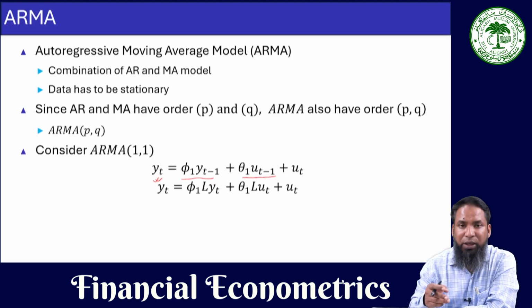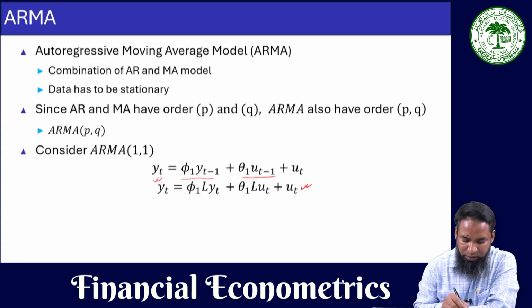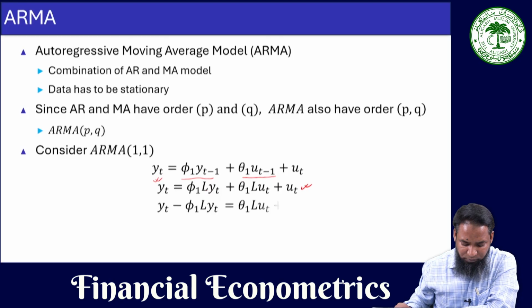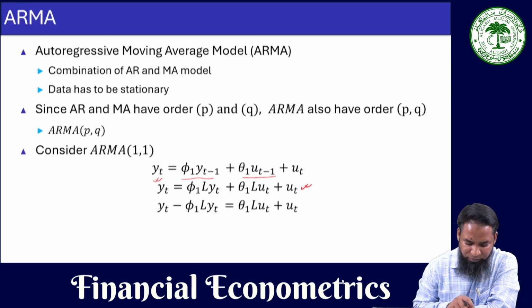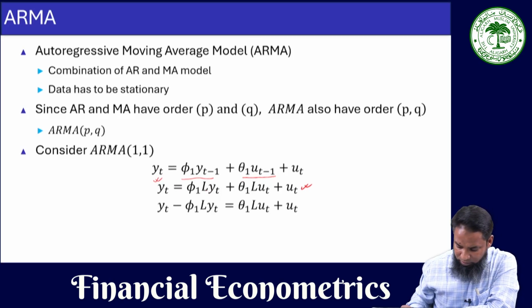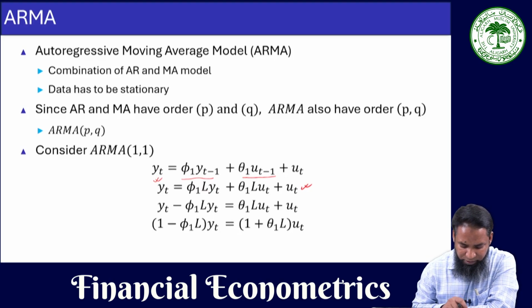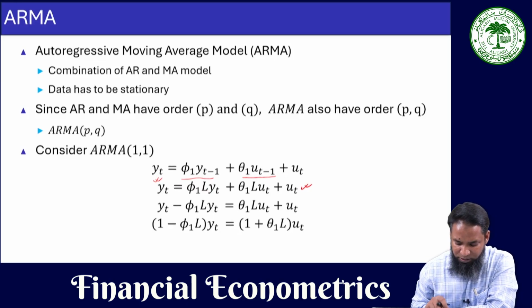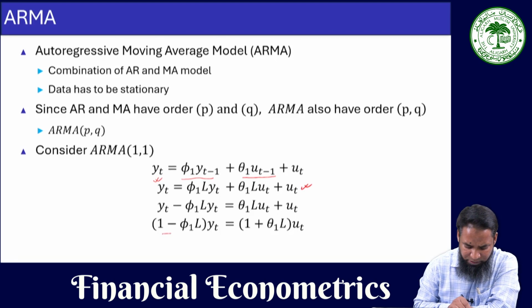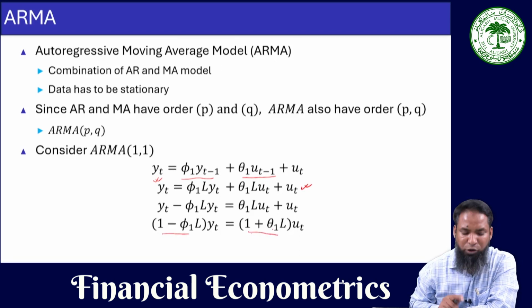Using the lag operator, we can write this equation in this form, where yt minus 1 has been replaced by L yt, so we can write yt minus phi 1 L yt, or (1 minus phi 1 L) yt is equal to (1 plus theta 1 L) ut. This is basically the lag polynomial form.